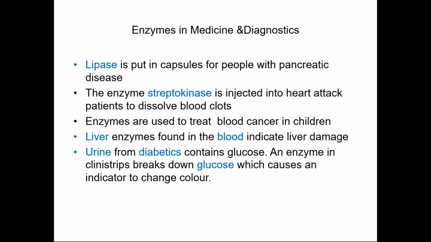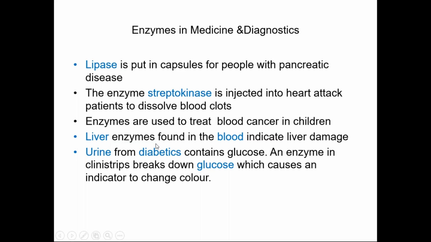And last, we'll see that enzymes are used not only in the food industry, but also in diagnostics and the pharmaceutical industry. It is known that people who have pancreatic disease are given lipase. If you have a stroke and you have a blood clot, the enzyme streptokinase is given so that it dissolves the clot.